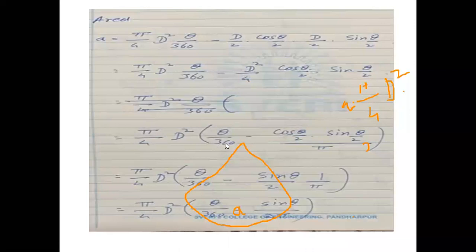Here I have written theta upon 360 minus D square by 4 is taken out, but pi is not present here. So we have to add pi at the denominator, because here we have taken it at the numerator. So I have added here minus cos theta by 2 into sin theta by 2 divided by pi. So this equation has been converted into this form.